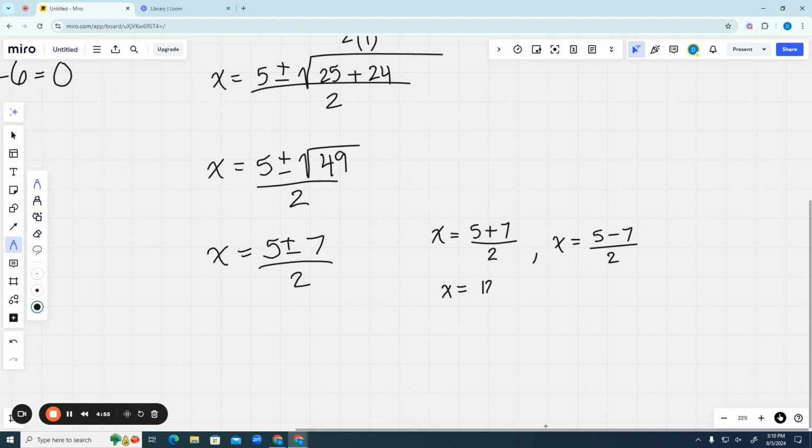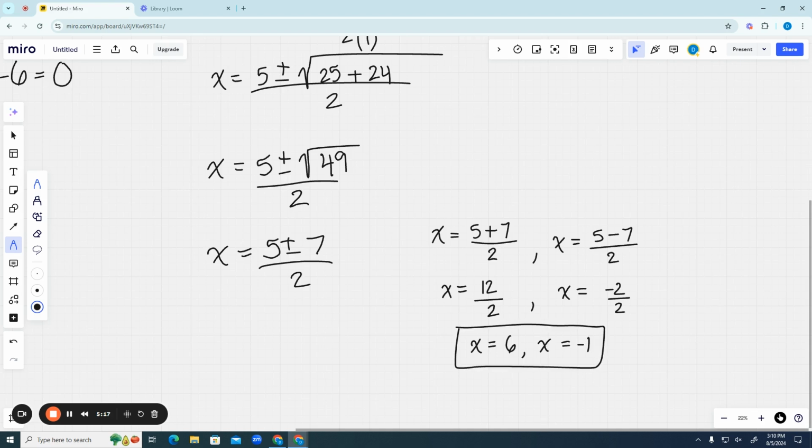So we'll end up with this. And this one is a negative 2 over 2. This is going to give us x equals 6 and x equals negative 1. So those will be your answers for that one.